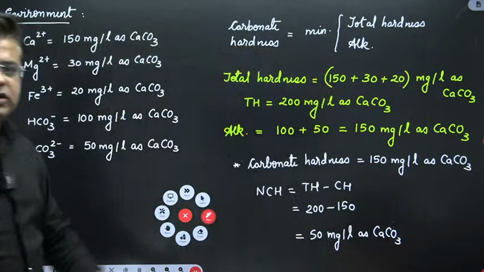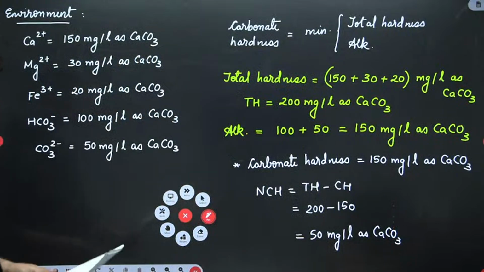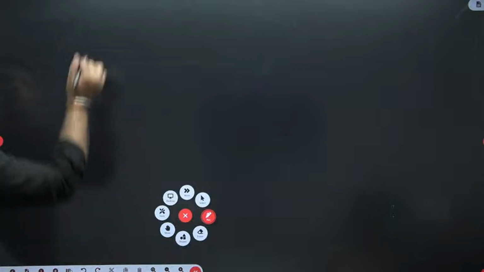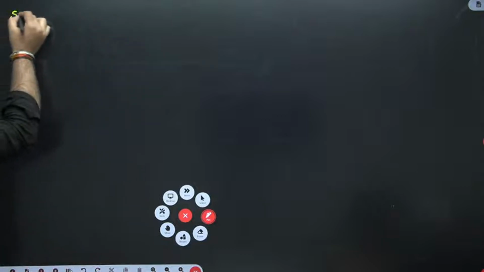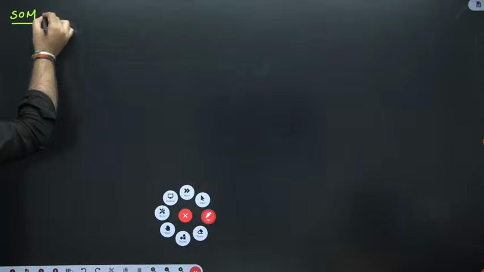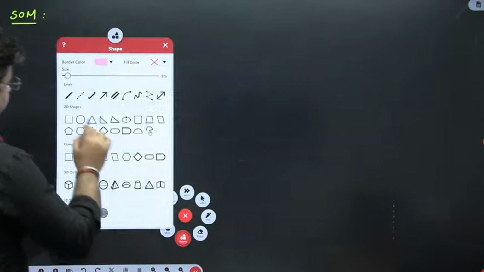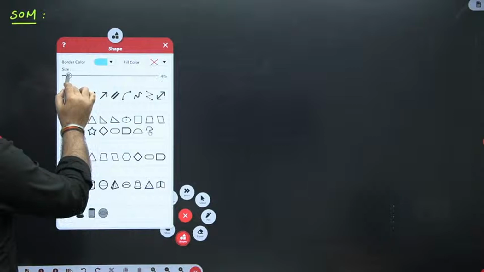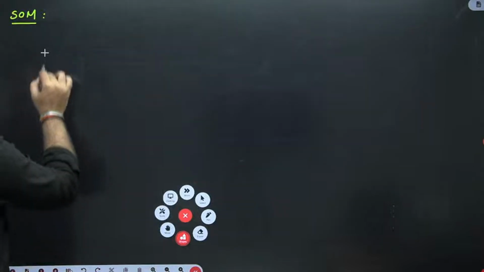Okay. So this is the first question that we are having from environment. The next question is, I think, from strength of material. A very simple question. This question has a propped cantilever beam which is subjected to a moment at the prop end.